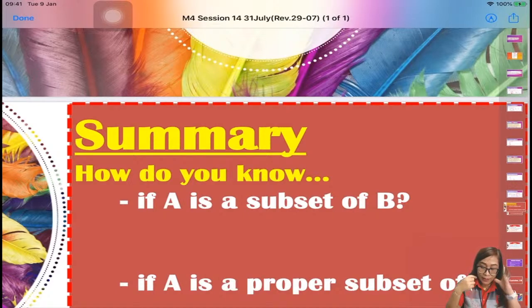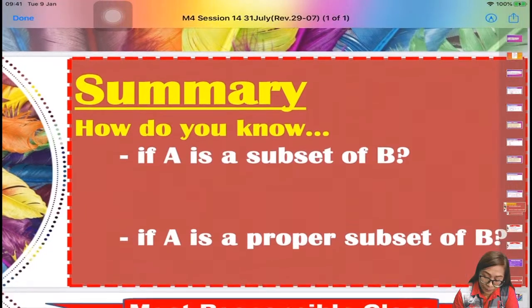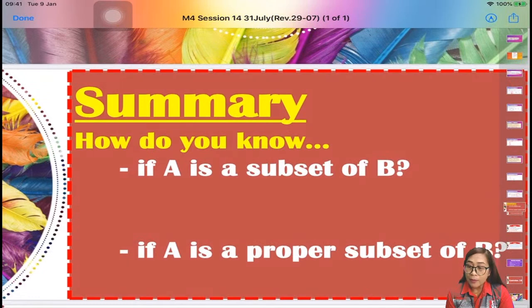How do you know if A is a subset of B? So the answer would be what? Every element of A is inside of B. Okay, Tariq, that's correct. Very good. Nice job. When A has a member in set B, this member should also be in B.